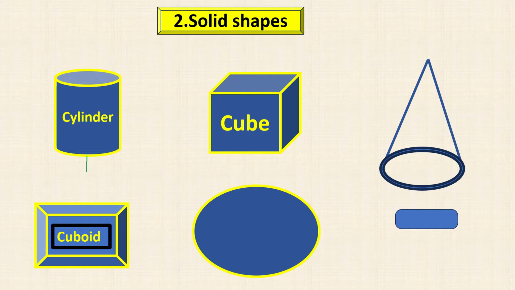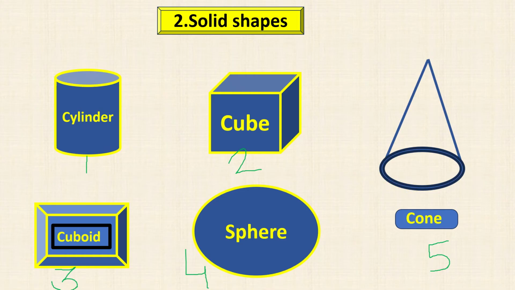Look here. It's the first, the second, the third one, the fourth one, and the last one is the fifth one. So first one is the cylinder, second one is a cube, third one is a cuboid, fourth one is a sphere, and fifth one is a cone.